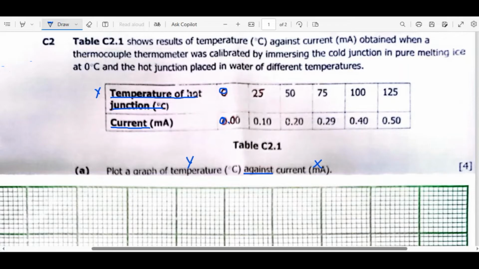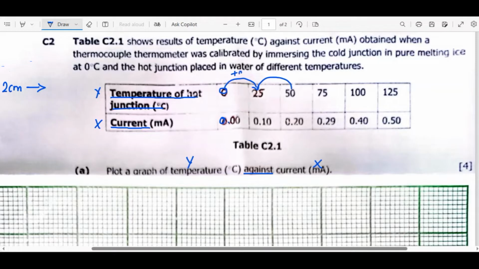So let's begin by coming up with the scale on the y-axis. You're going to say 2 centimeters represents what units. So let's see the difference between these numbers. The difference between 0 and 25 is 25, or the number that was added was 25. Then 50 and 25 is 25.